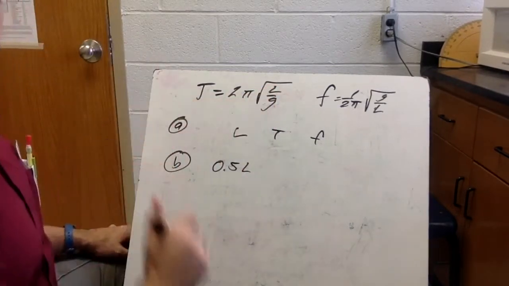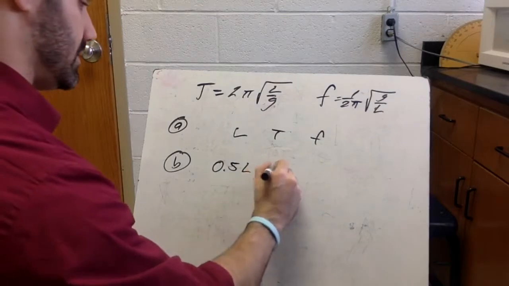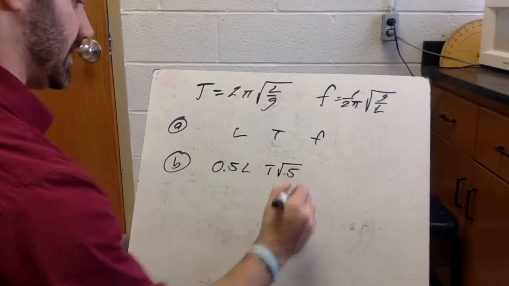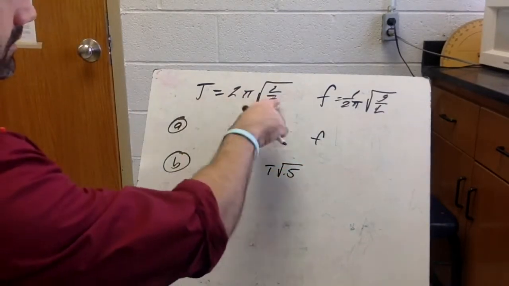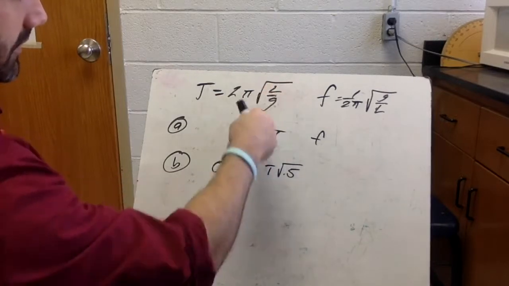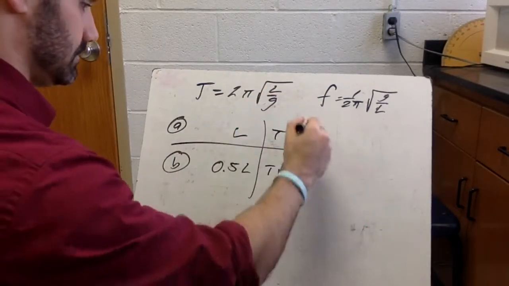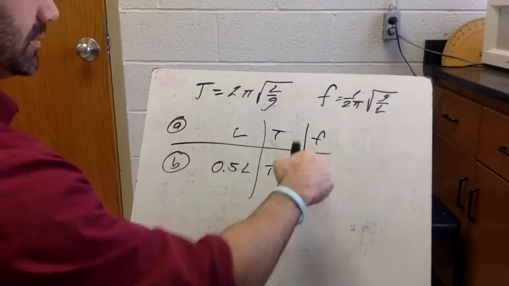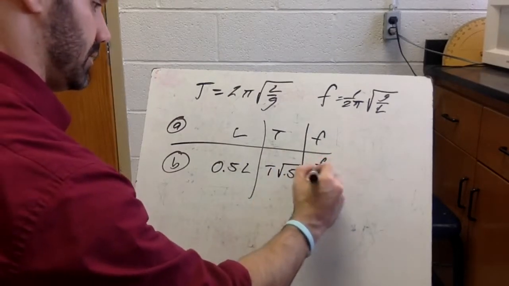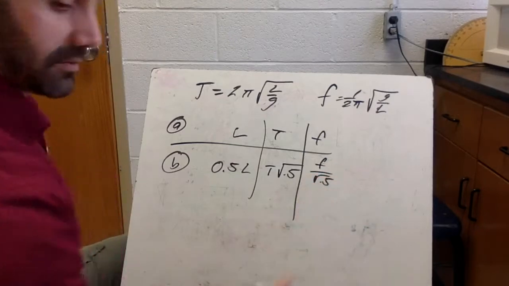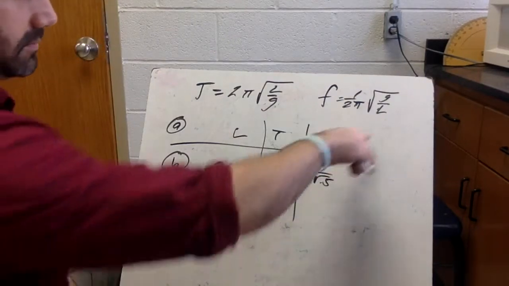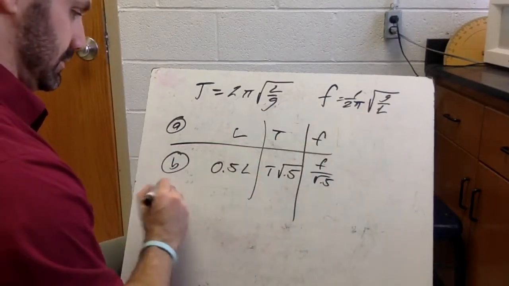Well, half the length, that's going to be T times the square root of 0.5, right? Because this is 0.5 L, so then I have the square root of 0.5. And then the frequency would be f over the square root of 0.5, because I'm putting 0.5 down in here.